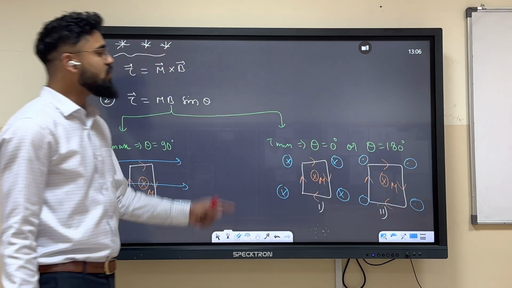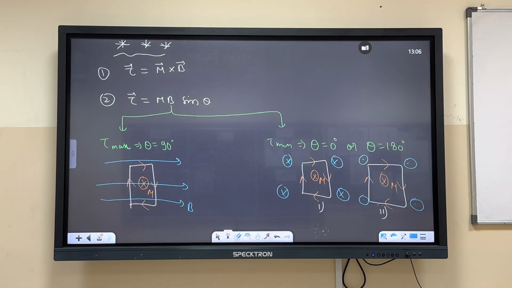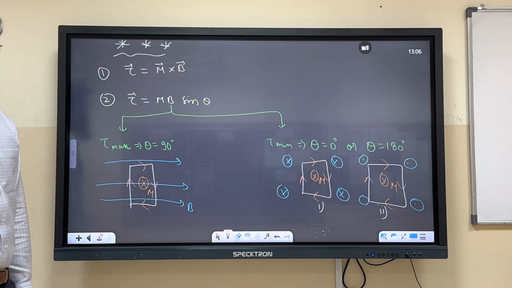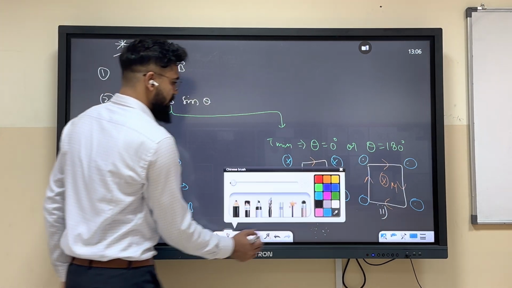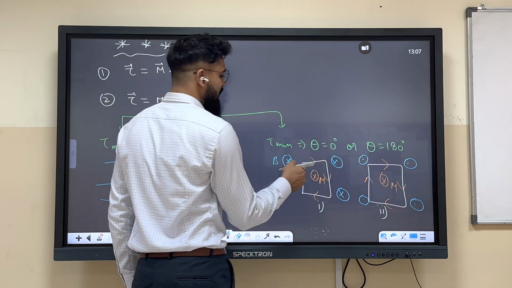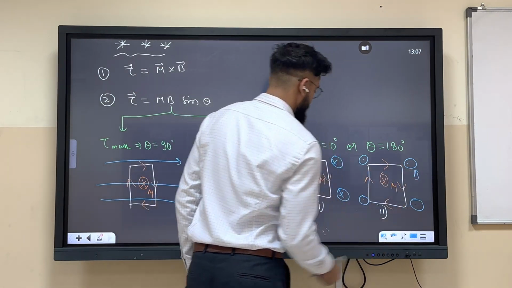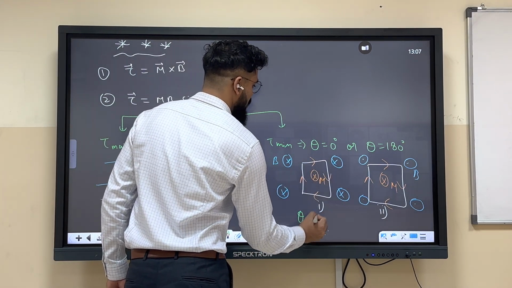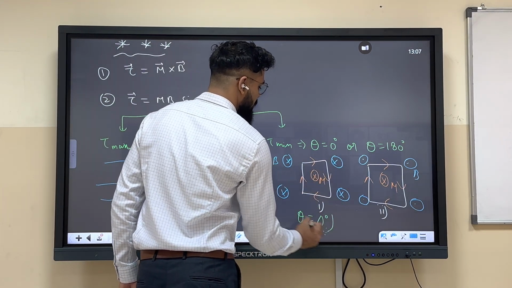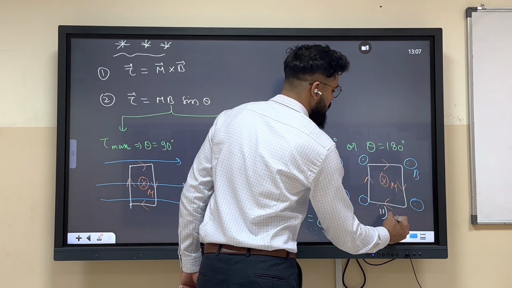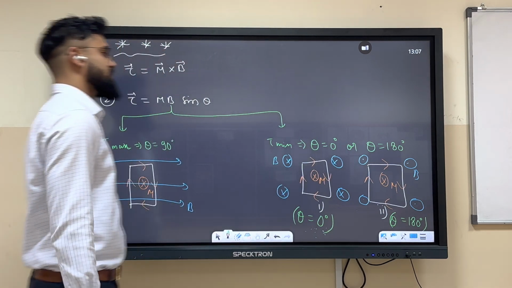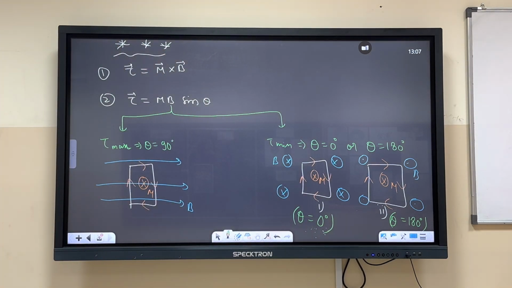Okay, so can you find out what is the angle between magnetic moment and magnetic field over here? बताइए, magnetic moment and magnetic field में क्या एंगल है, बोलो बोलो. Yes, theta over here is 0 degree and theta over here is 180 degree. ठीक है?